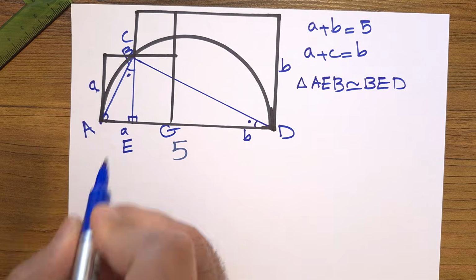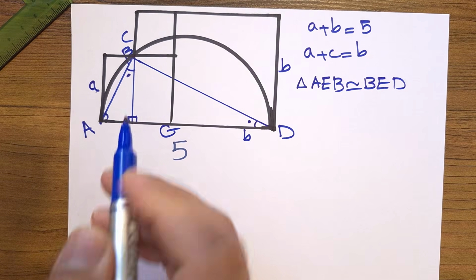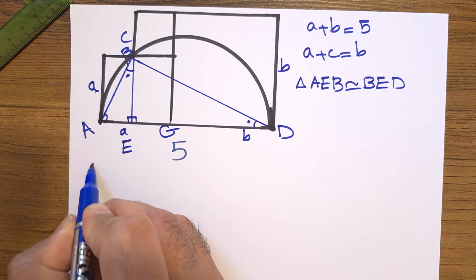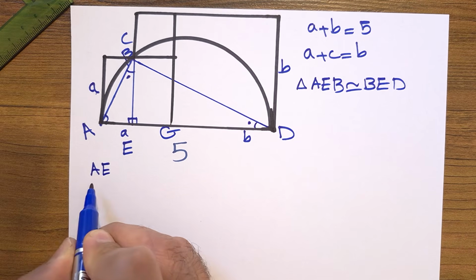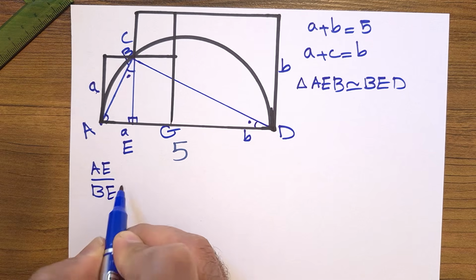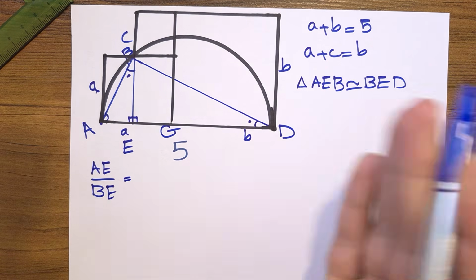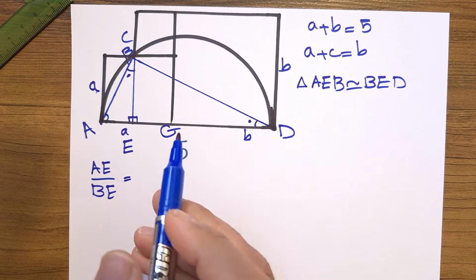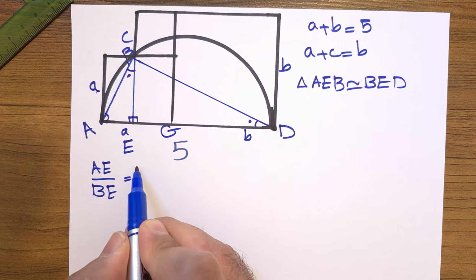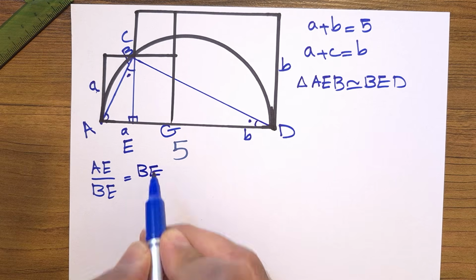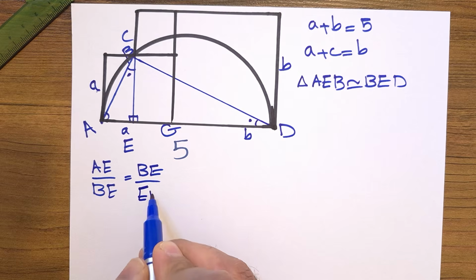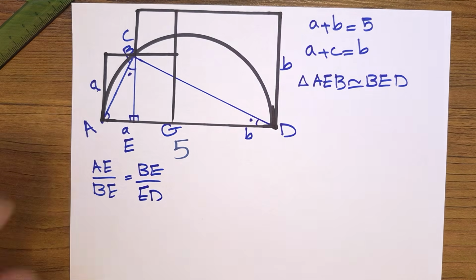So for example, in triangle AEB, we can write that this side AE over BE equals, focus on the right-hand side triangle, the corresponding side is BE over ED.